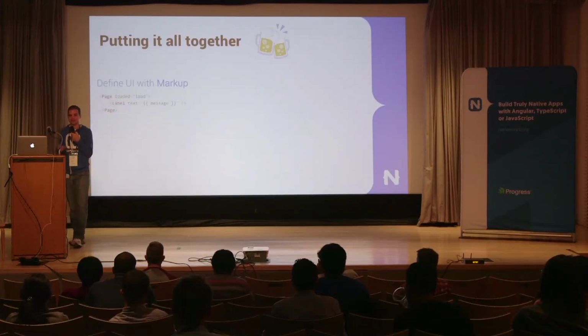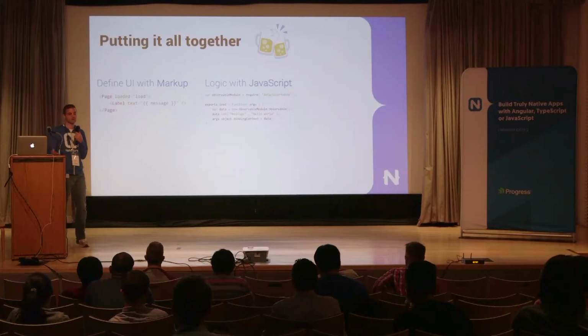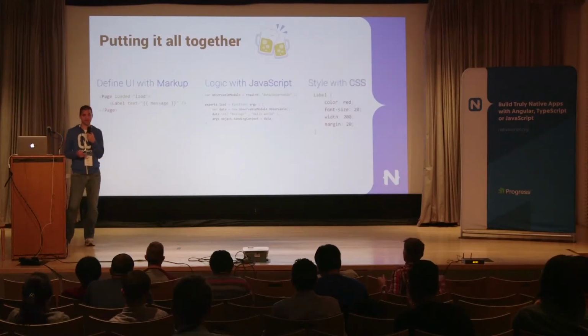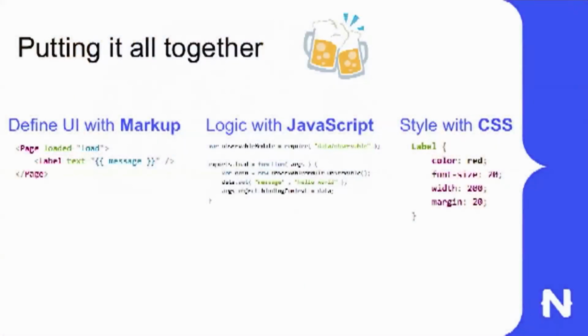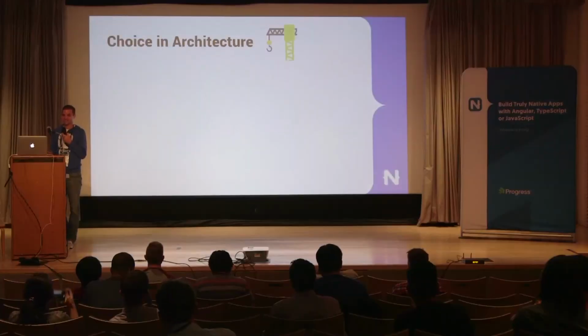It's not HTML, but it's pretty darn similar. It's pretty easy to understand, I think, and we'll get into it in a little bit here. Of course, your backend logic is all JavaScript, and you're styling the app with CSS. Same CSS we all know and totally despise on the web. It's here in NativeScript, but it's really the best thing we have, right?